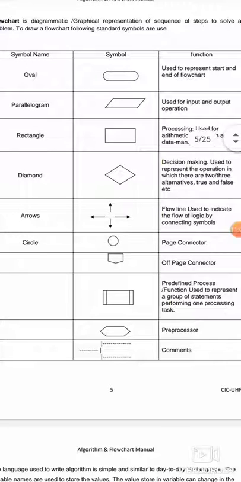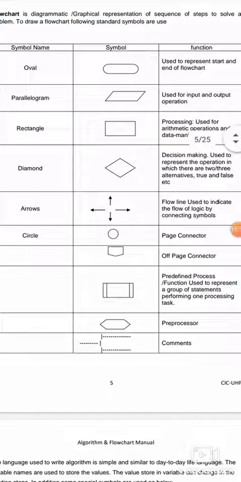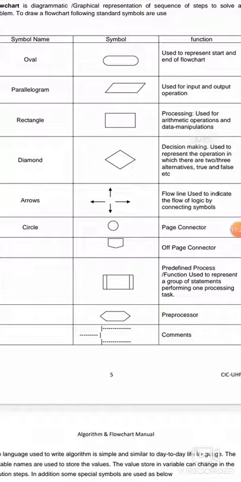Next, the circle is like a page connector we call, so that whenever there is a continuation of the flowchart, imagine the number of operations or activities is very large, then we're going to have this page connector. So we have to understand these remaining boxes after the decision box are more like extra symbols that we use for the purpose of creating clarity.